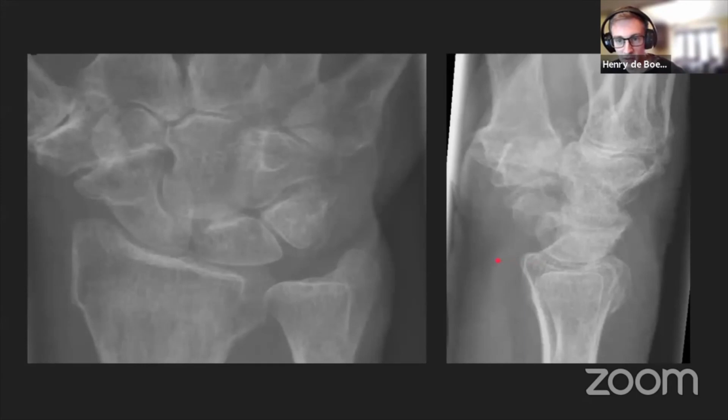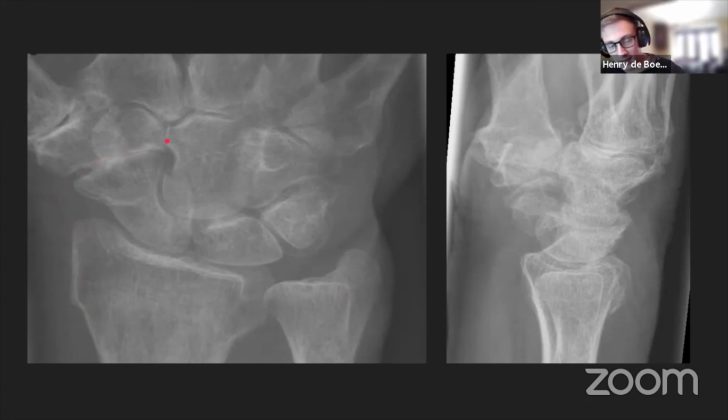Okay, and this is the final film. And this one is quite a good real world film. The bone density is reduced, they're osteopenic, and they do have OA.